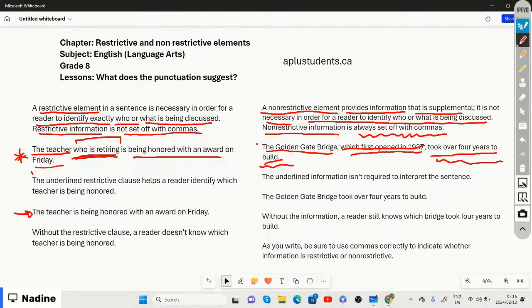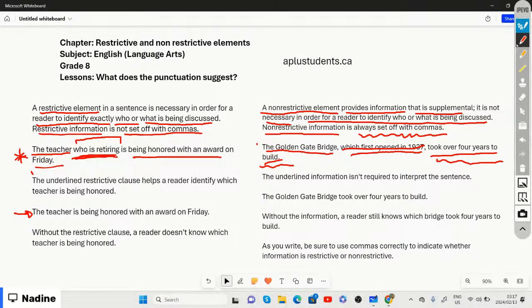And then again, when it comes to non-restrictive elements, we see that it provides information that is supplemental, and we said it is not necessary in order for the reader to identify who or what is being discussed. Literally the total opposite of a restrictive element.